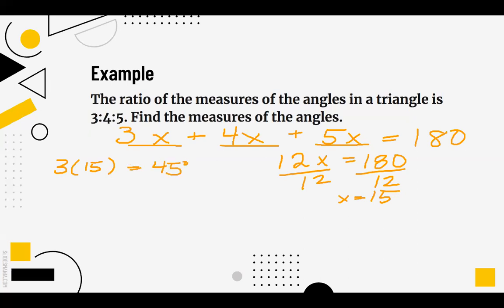That's going to give me 45. And then 4 times 15, that's going to give me 60. And then 5 times 15, that's going to give me 75. Now, is 45 plus 60 plus 75 180? Absolutely. So that is one way for me to use my ratio to get the values.